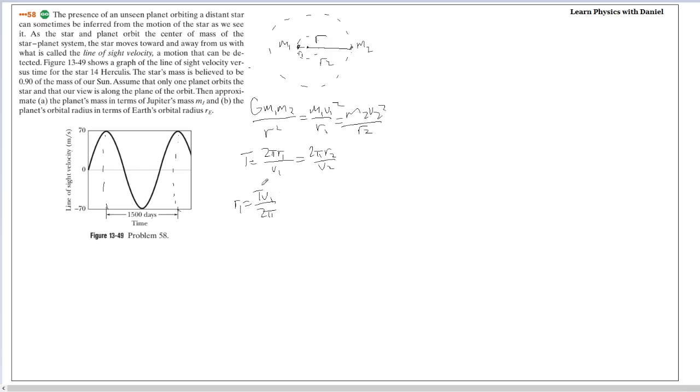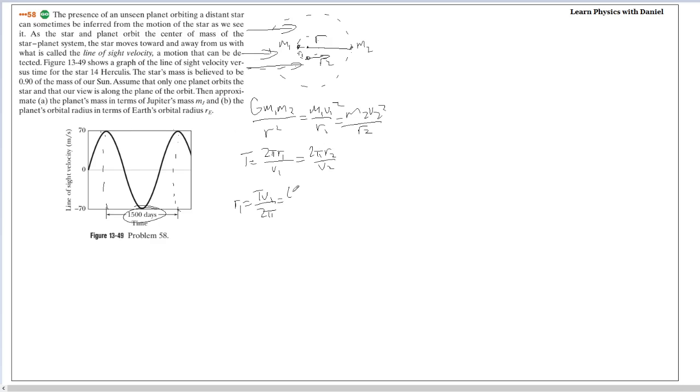Now, we technically know T and v1, but they require you to look at this graph. So we can see that their label shows that our period from here to here is 1500 days. Now, they say line of sight velocity, which means that we can only tell the velocity going in this direction, which means that the maximum velocity on this graph will be when our star is moving in this direction, which means that it has a constant circular velocity of 70 meters per second.